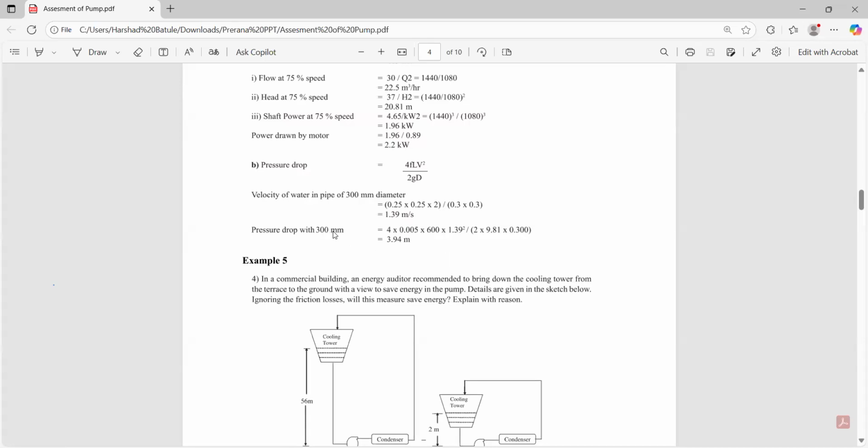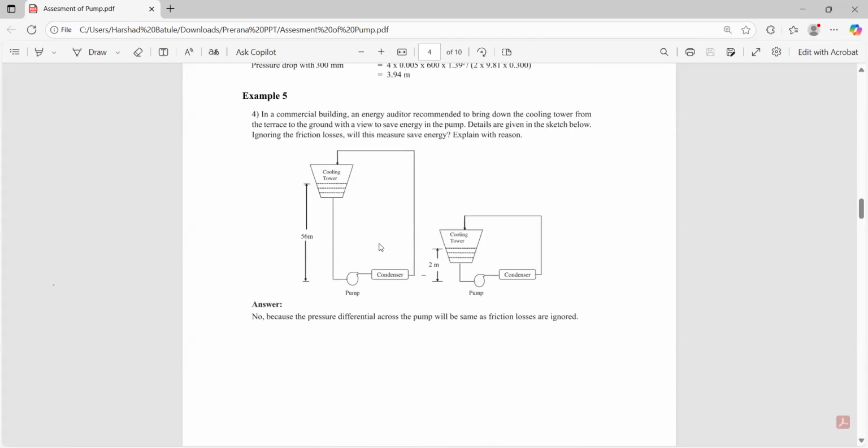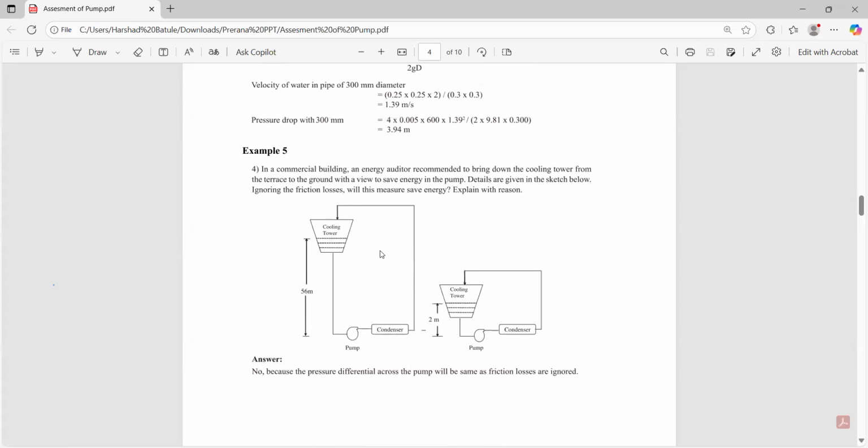So your pressure drop with the 300 mm pipe is 3.94 meter. Got it? Yes, sir.